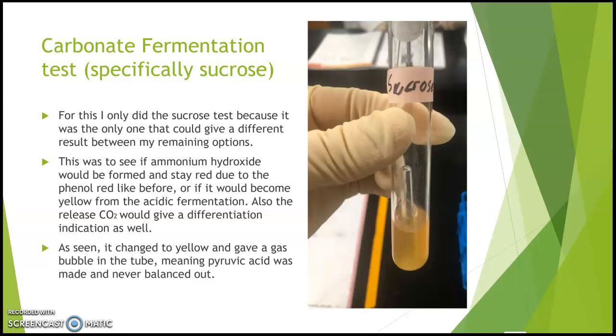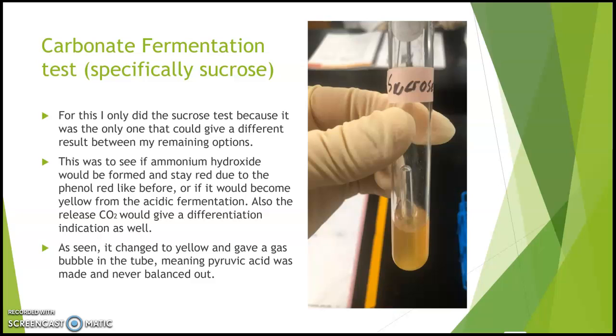My last test was the carbohydrate fermentation test, specifically the sucrose. For this, I only did the sucrose test because it was the only one that could give a different result between my remaining options. This was to see if the ammonium hydroxide would be formed and stay red due to the phenol red, like before, or if it would become yellow from the acidic fermentation.